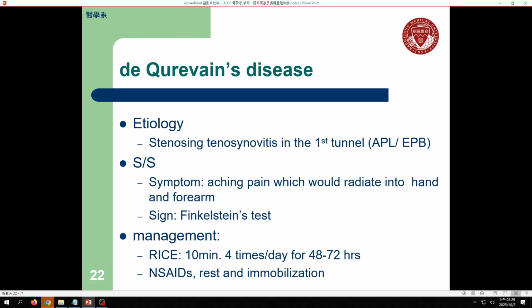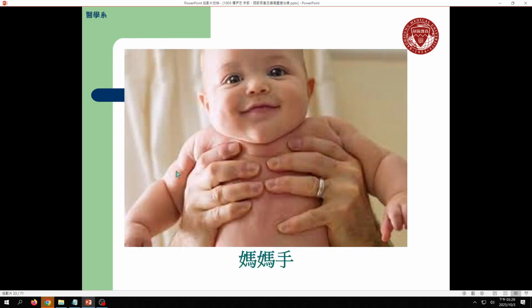And then how to treat it? Holding the baby, working so hard. You're washing the baby, feeding the baby, washing the clothes, doing a lot of work with the thumb, and that causes inflammation change around the wrist.